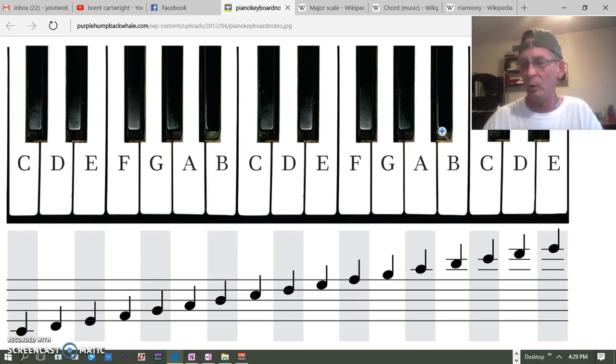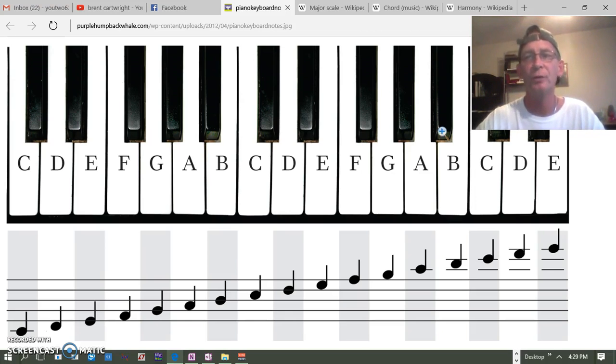But those are the things you want to get a hold of. If you can get a hold of those basic understandings, now you understand the building blocks of harmonies, the building blocks of chordal structures, basic harmonies, basic chords as triads, and more complex chords.